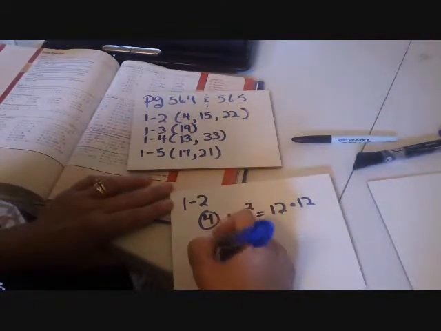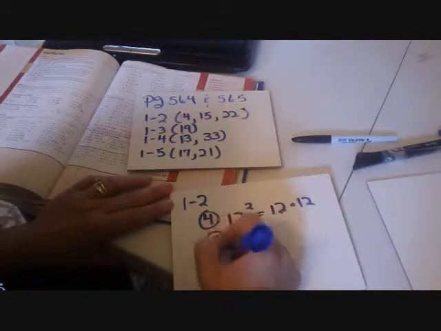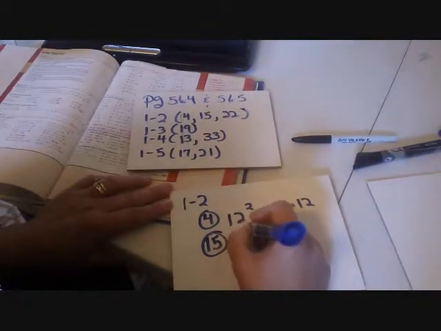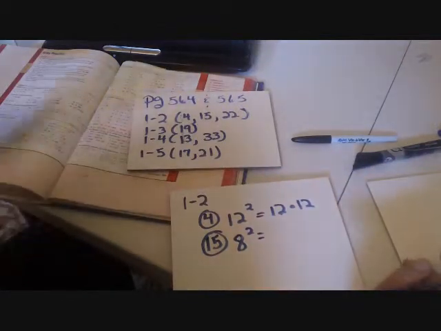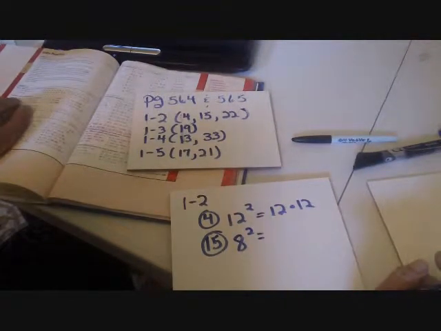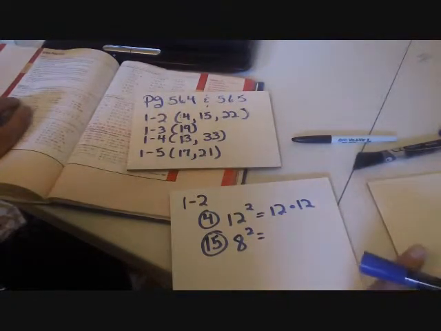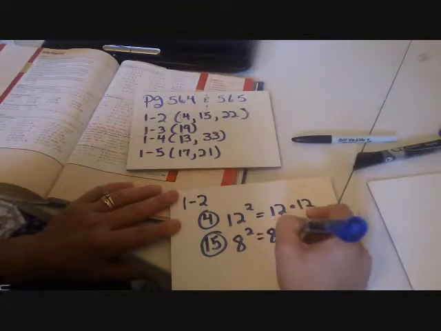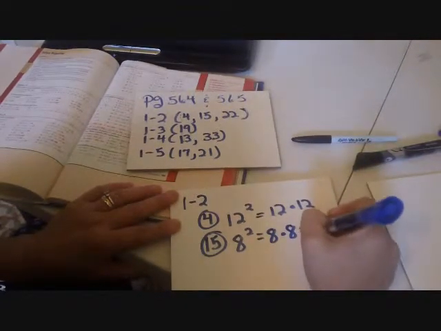The next one I'm going to do from this section is number 15. Number 15 had 8 squared, and it asked us to evaluate the expression. When you evaluate something, you find the answer. So 8 squared means 8 times 8, which is 64.